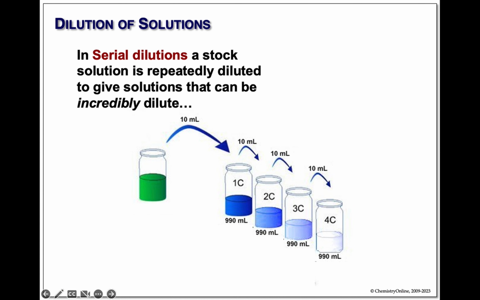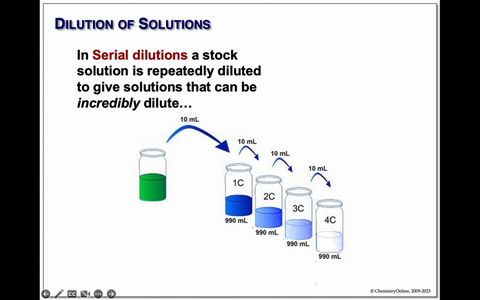We have now diluted this 10 to the 4th fold. We take 10 mLs of this, add it to 990. We're at 10 to the 6th fold dilution. And we do it again, we will be at 10 to the 8th fold dilution. This again allows you to take a solution and make something that is very, very dilute, but the concentration is accurately known. Serial dilution.